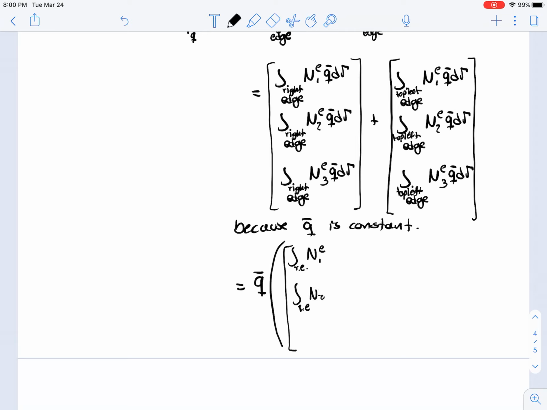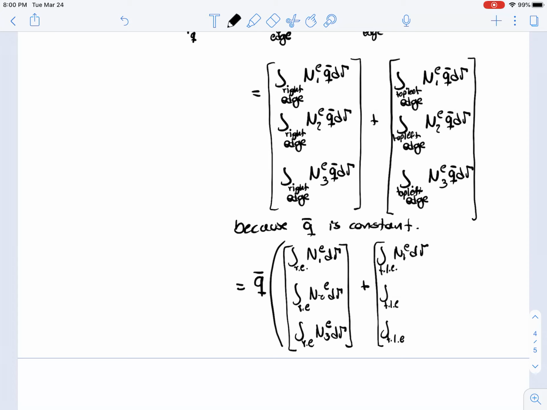So this will be N1E and 2E and 3E, plus basically the same, but I guess it's top left edge of N1E and 2E and 3E.